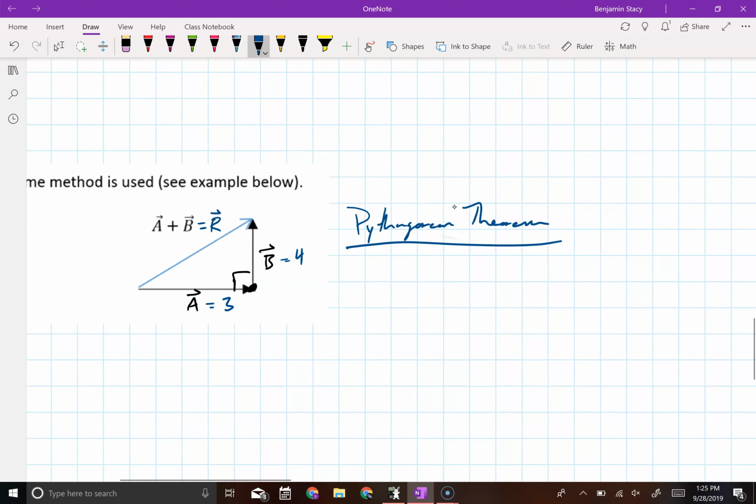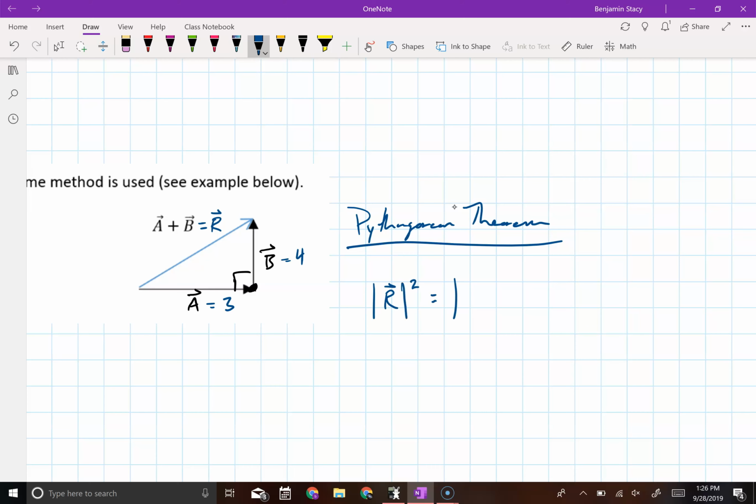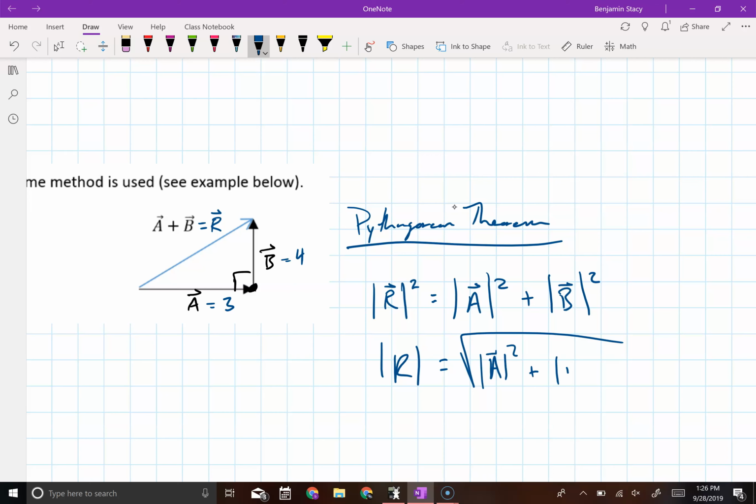So here we would have R squared, let's call R the magnitude of the resultant vector, not its direction, its magnitude. R squared equals the magnitude of A squared plus the magnitude of B squared. So the magnitude of R is the square root of magnitude A squared plus magnitude B squared.